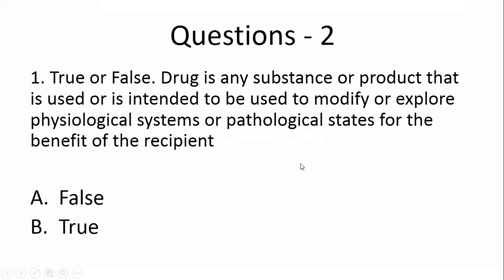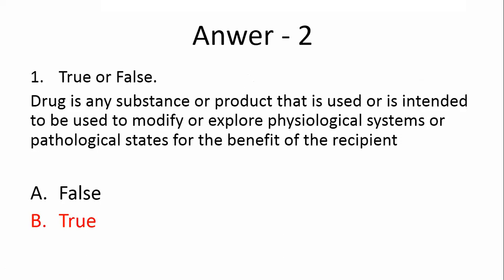Is it the true definition or false? It is true. Drug means a substance used for the purpose of modifying or exploring the physiological systems or pathological states for the benefit of the recipient.